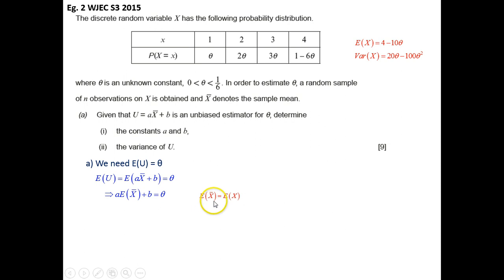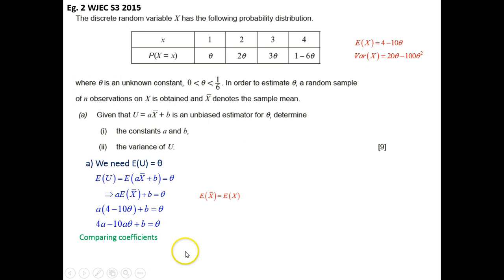Expected value of x bar is also the expected value of x. Therefore, I've got a times (4 minus 10 theta) plus b is equal to theta. Multiplying out, I have 4a minus 10a theta plus b has got to be equal to theta.